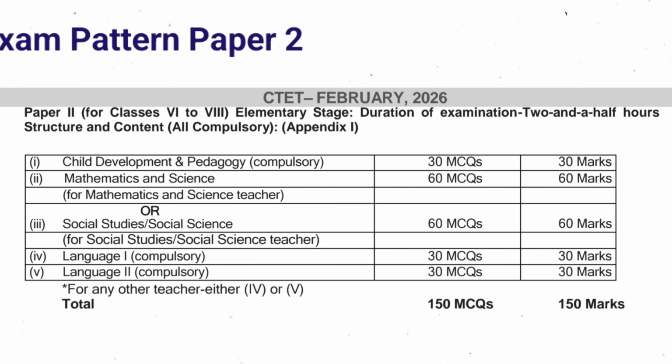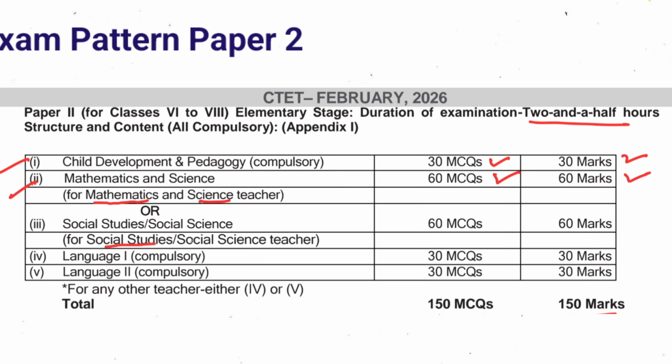Next, let us see paper 2. Paper 2 is for the elementary stage. Here also you have 5 parts and the same duration, a 2.5 hour exam, and 150 MCQs, 150 marks. The first part is child development and pedagogy, 30 MCQs, 30 marks. Then mathematics and science for teachers teaching science and math subjects, 60 MCQs, 60 marks.